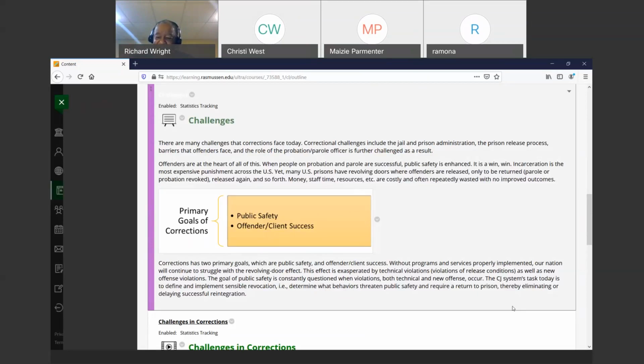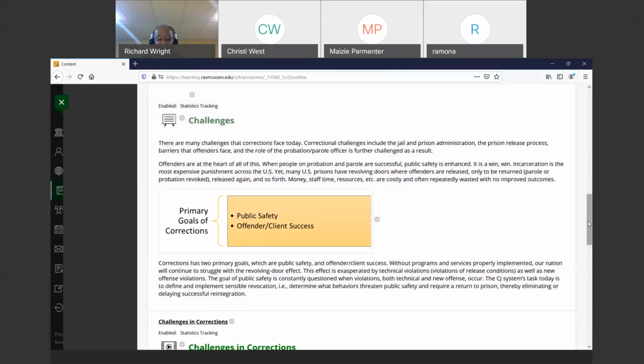So the criminal justice system's task today is to implement sensible revocation, to determine what behaviors threaten public safety and require a return to prison, rather than eliminating or delaying successful reintegration. So the key thing is to get them towards rehabilitation.